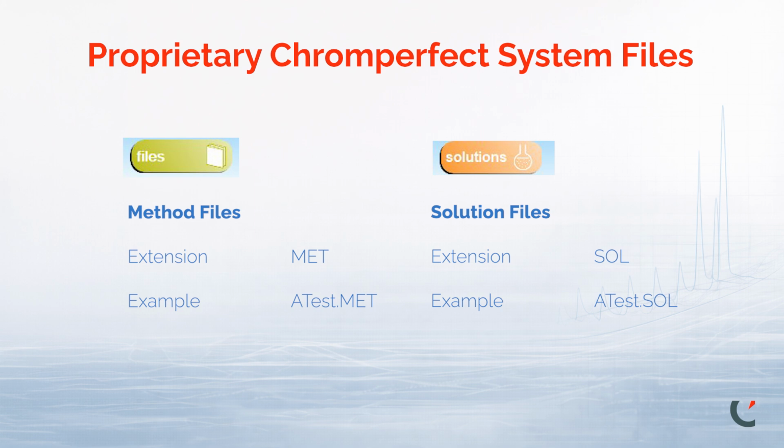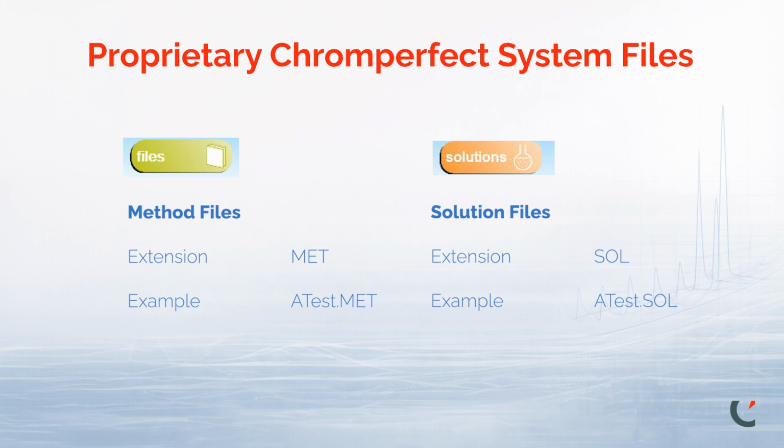A method file, identified by the .met extension, defines how data will be processed and reported. It contains the core instructions for data acquisition and also references external files such as report formats, instrument set points, calibrations, and more.